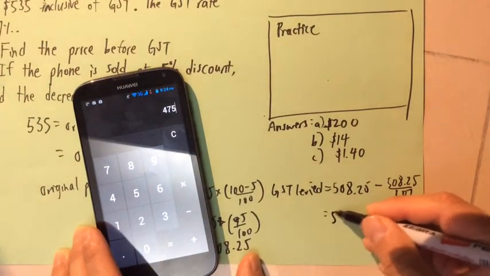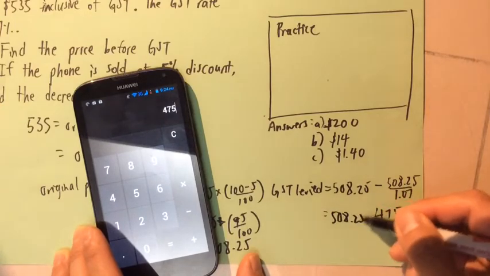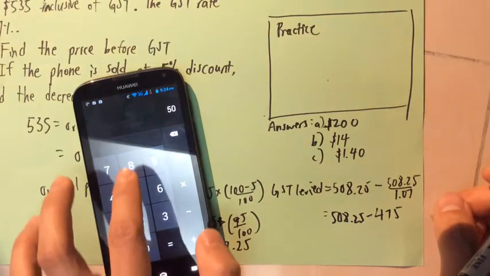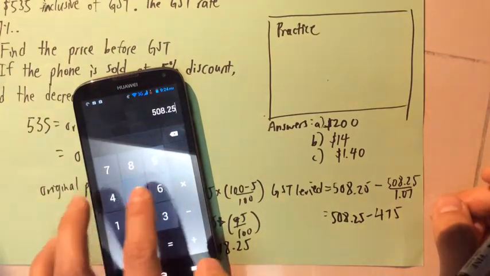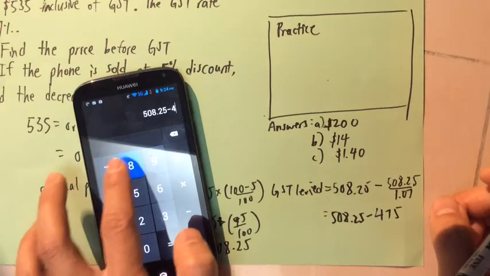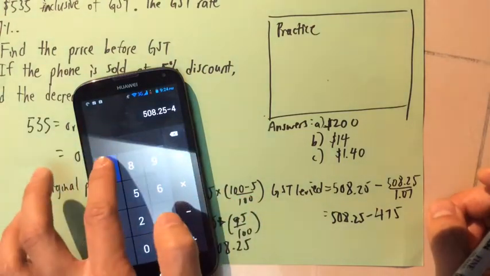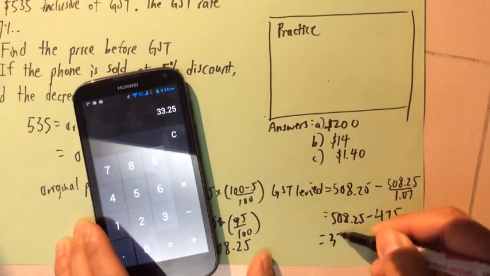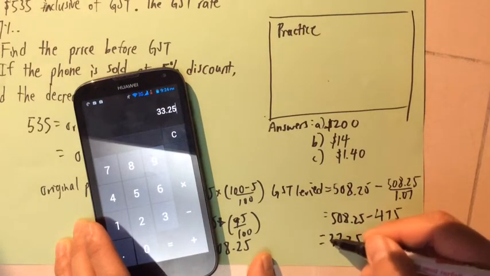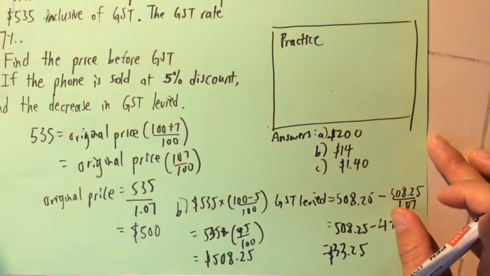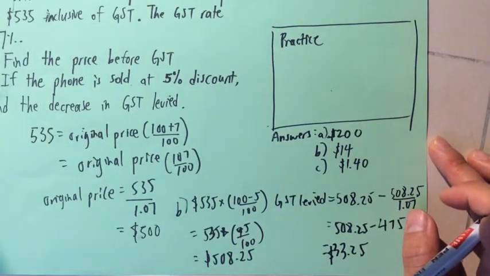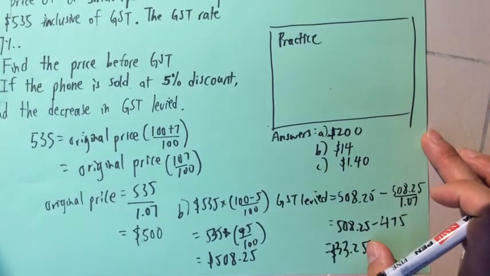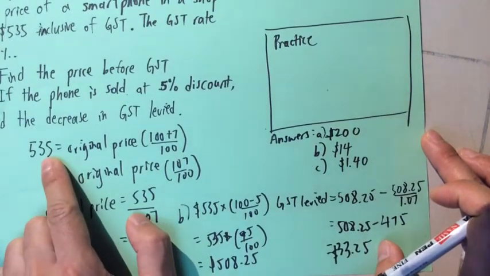So the GST levied is equal to the difference between those two values. We find that $508.25 minus 475 gives us $33.25. So the GST levy is $33.25, whereas before it was $35.